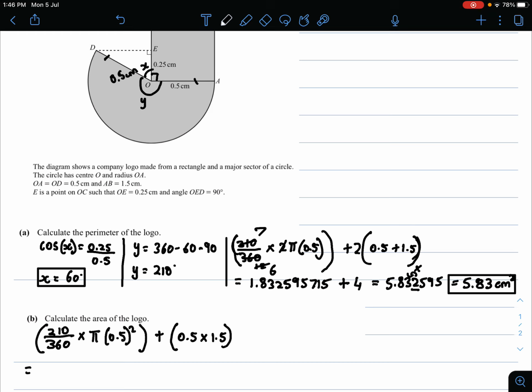So 210 by 360 again will give you 7 by 12. Now 7 by 12 into pi into 0.5 squared will give you 0.4581489.